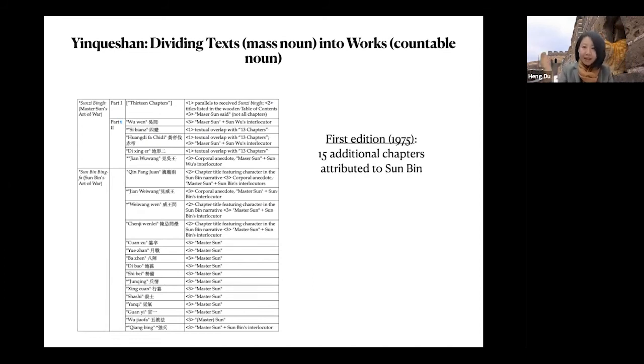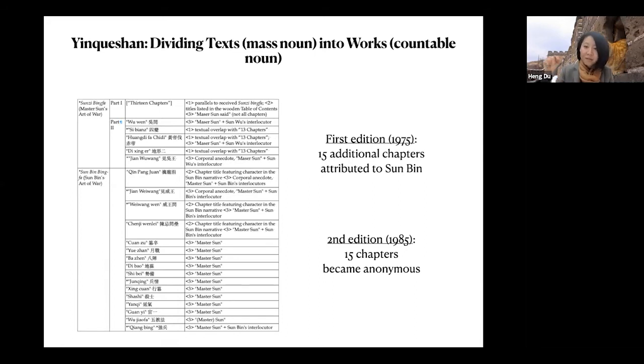And I think this is very neatly illustrated by the publication history of the Queshan material. The first edition of Sun Bing's Art of War actually includes 15 additional chapters. Again, Sun Bing's Art of War doesn't have a received parallel. Then in the second edition, which is the edition that we mostly use, these 15 chapters became anonymous.